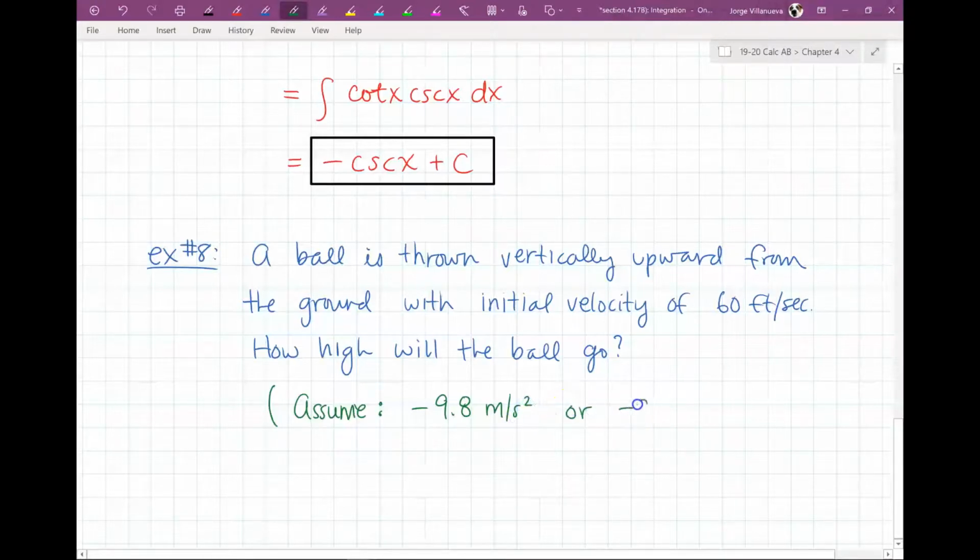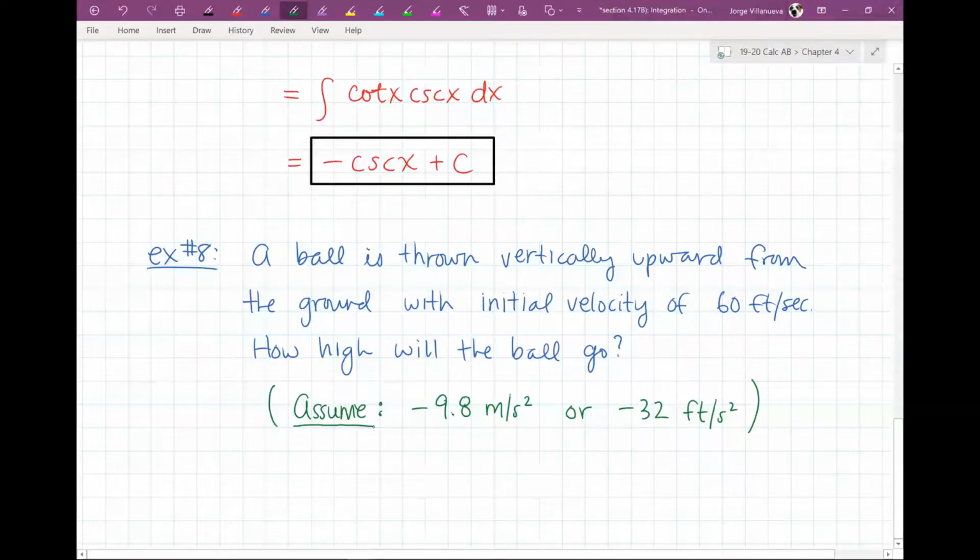Or negative 32 feet per second squared if you're dealing with feet and seconds. So they may not tell you in a problem what acceleration is because they're assuming you should know. Okay? So there are two measurements that we tend to use, either negative 9.8 meters per second squared or negative 32 feet per second squared. Okay? So make sure you guys kind of write that down. You got to understand that.